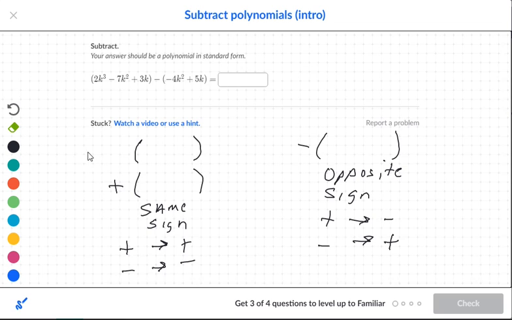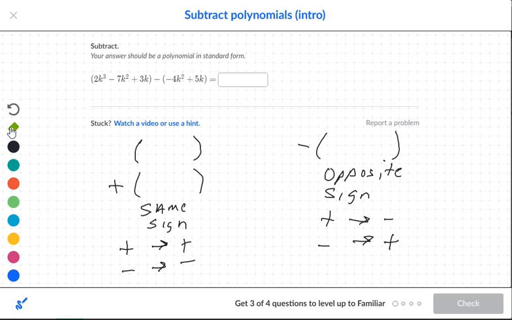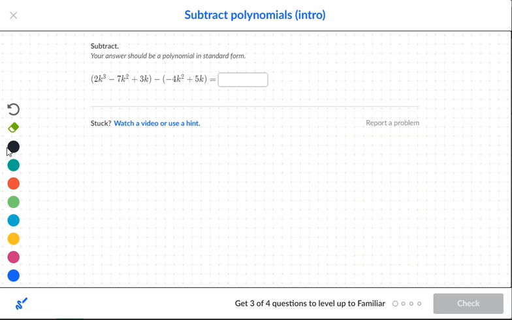So I'm going to erase this, and let's take a look at this problem here. Looking at the problem itself, the terms in the first parentheses are all going to be the same because there's no negative sign. So I can simply say 2k to the third minus 7k to the second plus 3k. The next parentheses, there's a minus sign in front.